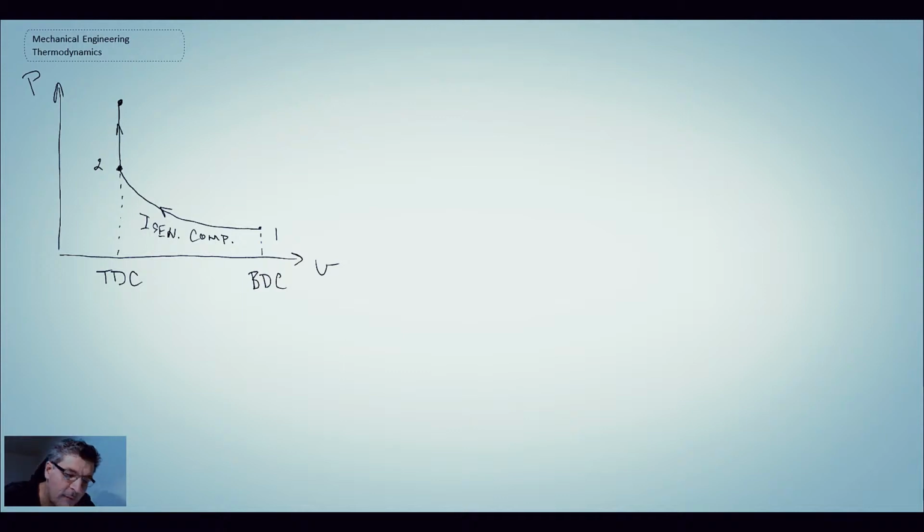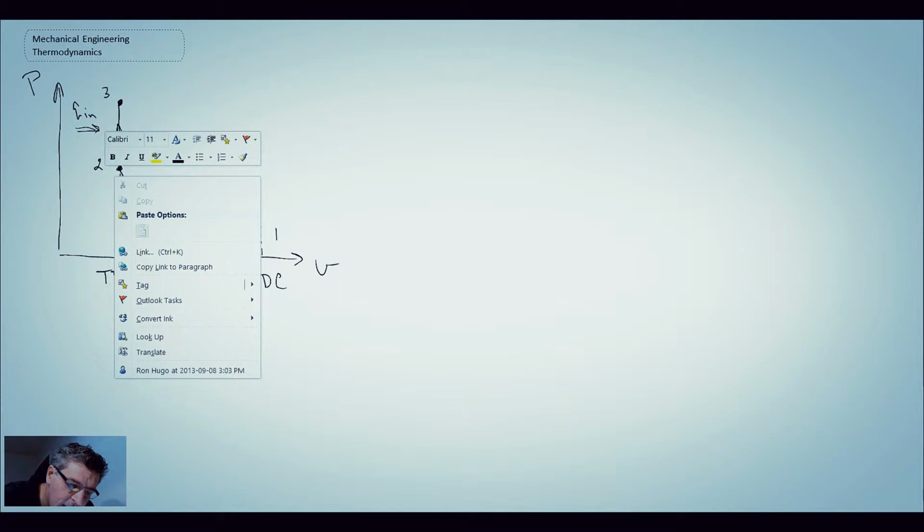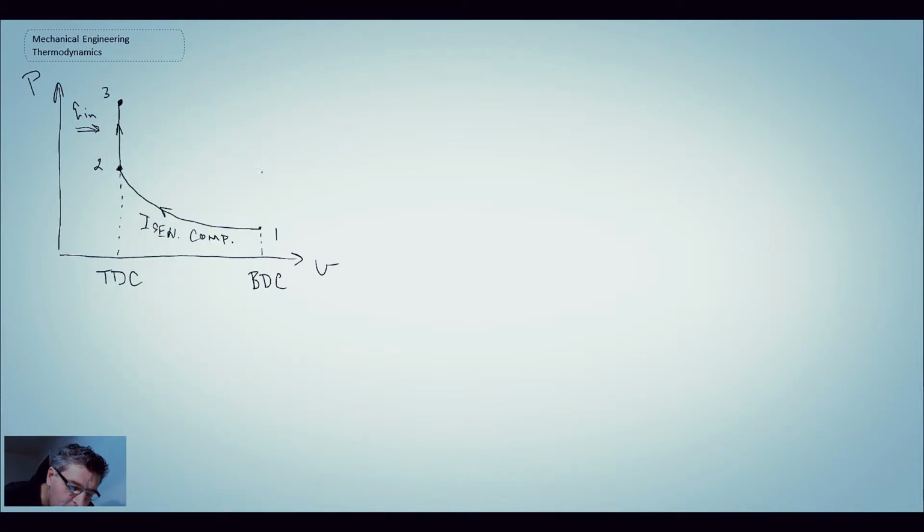This is represented as a heat addition process for our analysis purposes. And then, after being at state 3, we go through another expansion to state 4, which is another isentropic expansion process. That is the power stroke. And then we have our exhaust, which we will model as a heat rejection process.